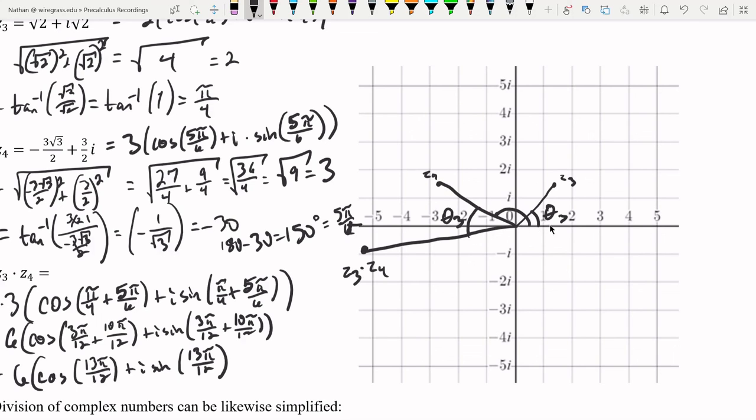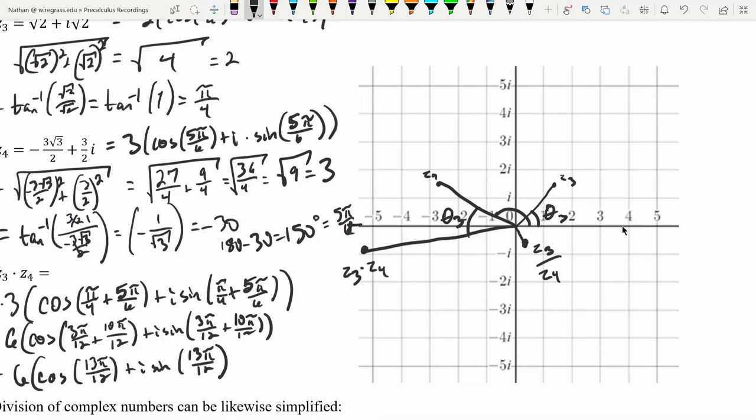It's about that long, so I would assume that this is going to be just about here, somewhere around there. And it's about 2/3 out, so I think it's just about here, point-wise. So that is my estimate for Z3 over Z4. Maybe it's not completely accurate, but if I wanted it accurate, I'd graph it on software.